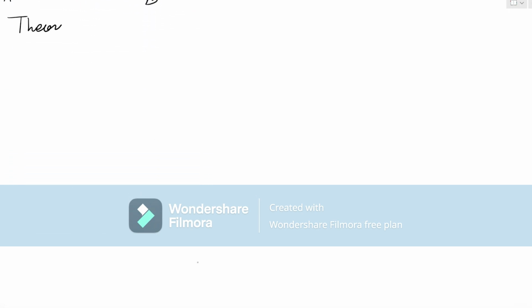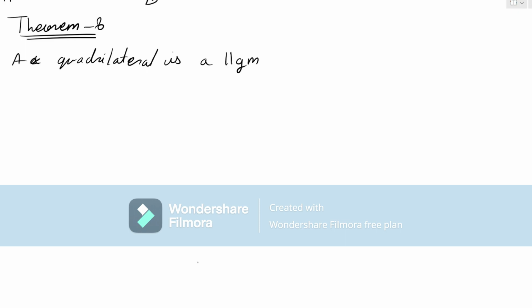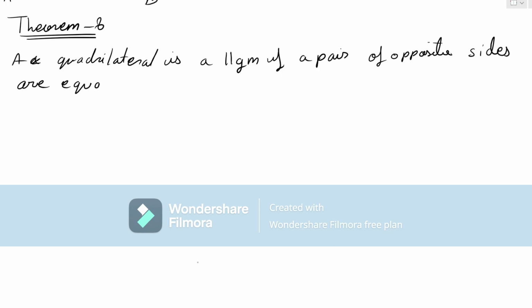Now theorem 8. A quadrilateral is a parallelogram if a pair of opposite sides are equal and parallel.